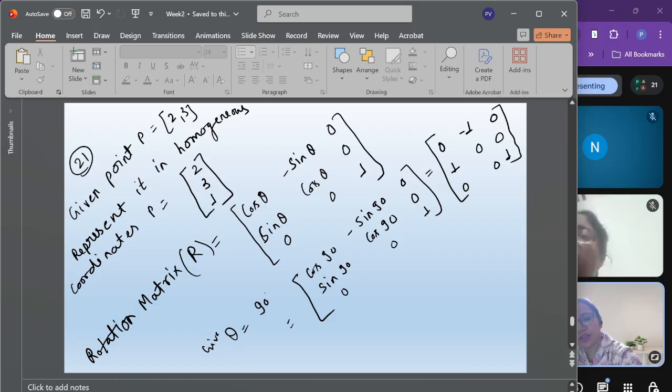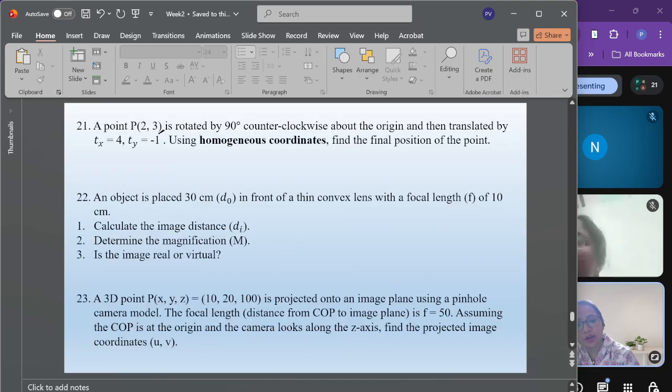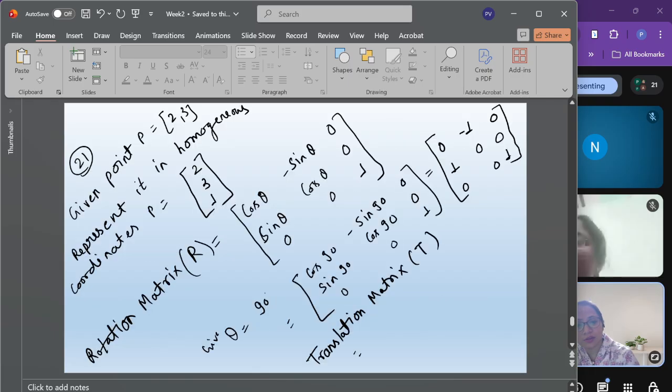Now similarly we need to find out our translation matrix as well, that is T. Already the two points are given. So we already know the translation matrix: 1, 0, Tx in the x direction, 0, 1, Ty, as you have seen in the previous slide explanation, and 0, 0, 1.